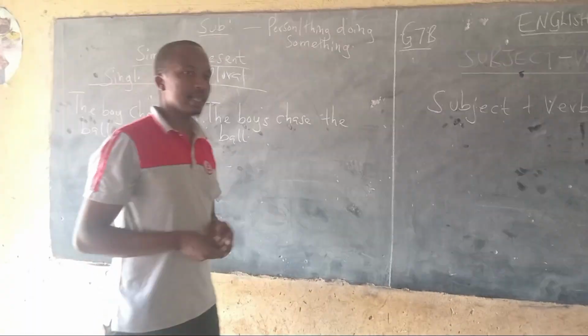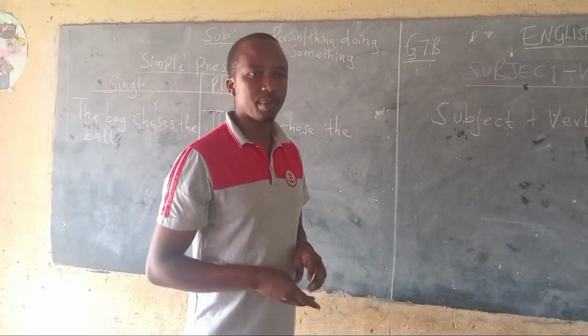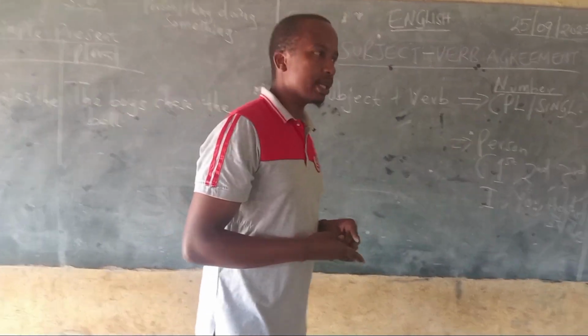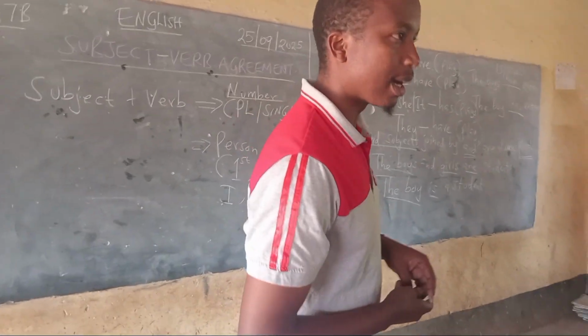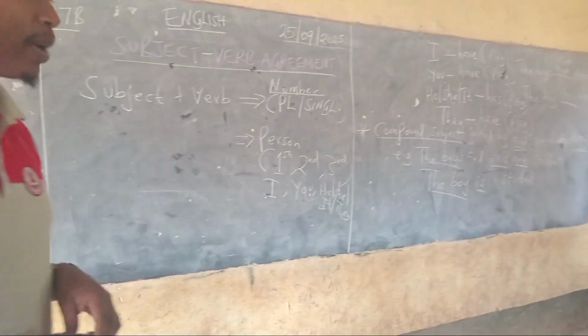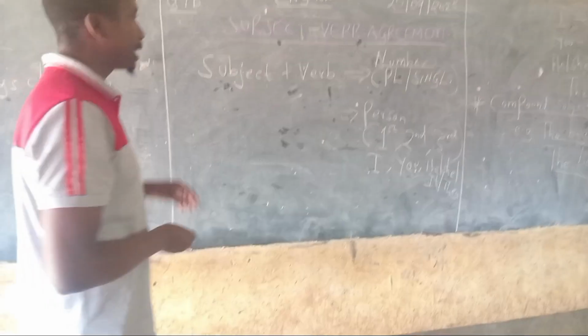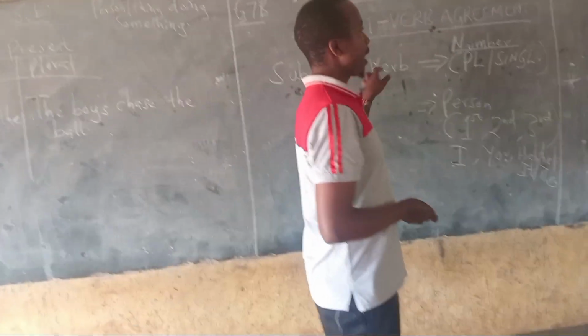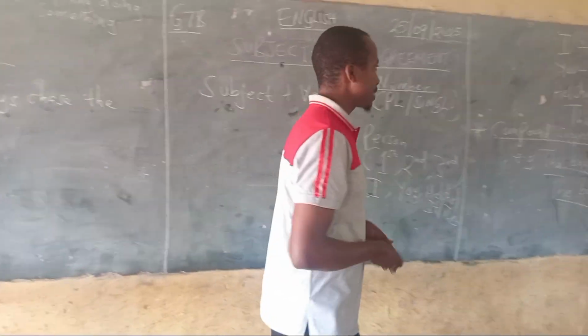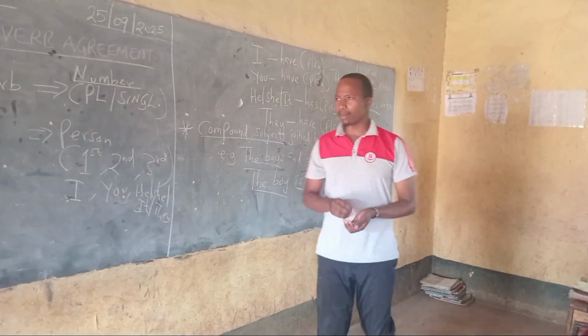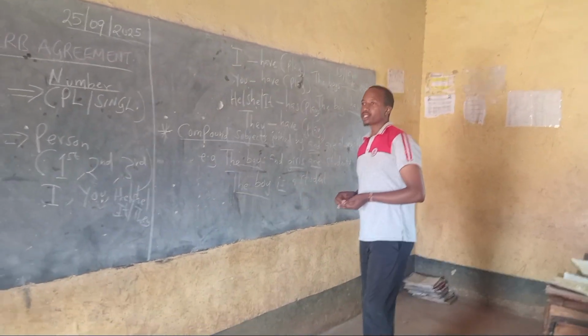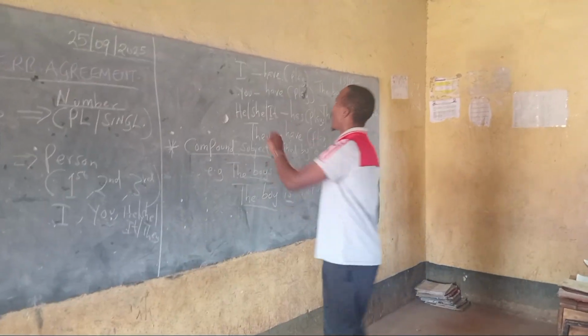So we cannot say the boys chases the ball because then the subject and the verb will not agree. Why are we saying this? Because our topic today is subject-verb agreement.